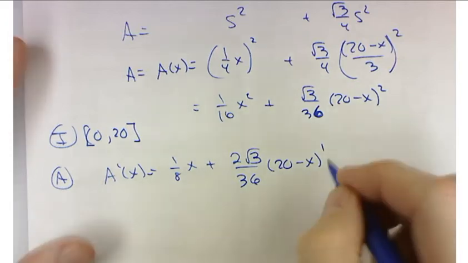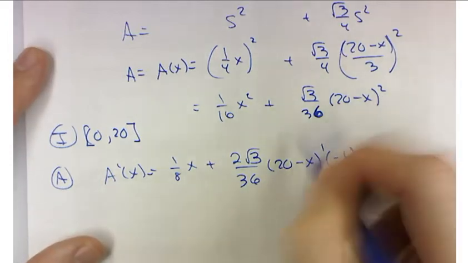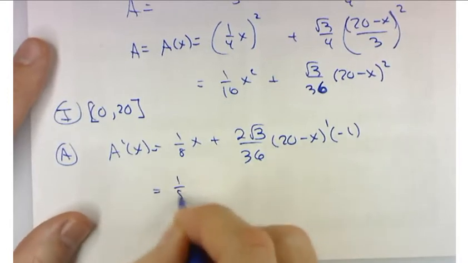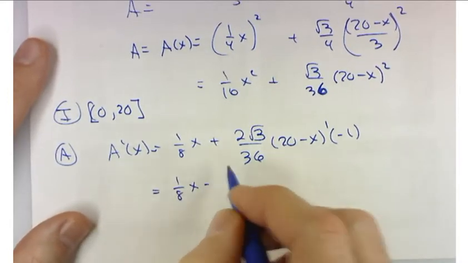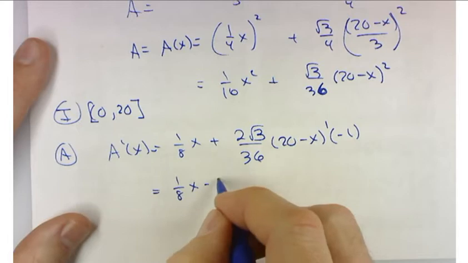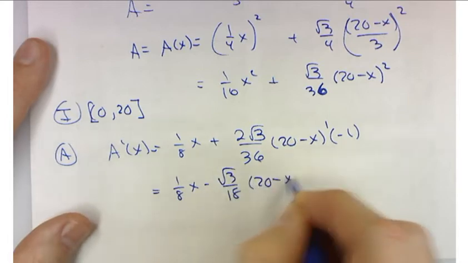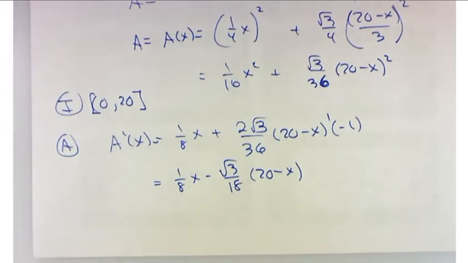Good. Got to apply the chain rule there, so derivative of the outside times derivative of the inside. So overall, 1/8 x minus square root of 3 over 18 times 20 minus x. Now it's just a matter of solving for x, set it equal to 0.